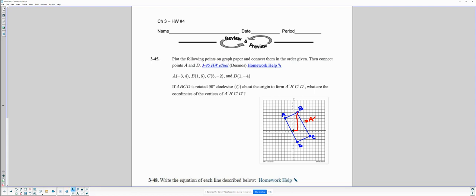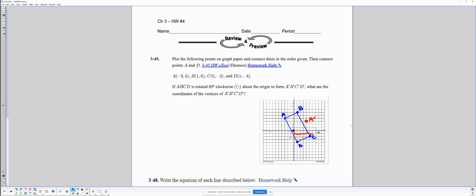Right? And when I rotate that, let me group those together. Okay. When I rotate that 90 degrees, the x is going to be horizontal, but now it's going to be vertical, and it's going to be going down. See that? Okay, so it's going to be down here now.